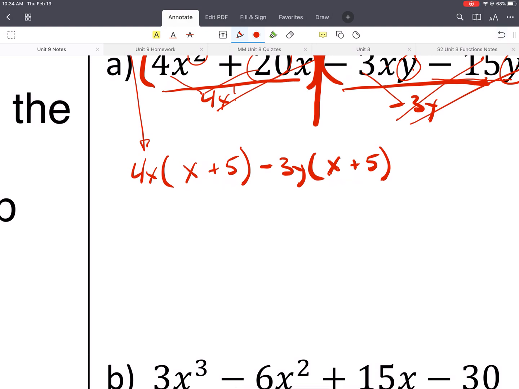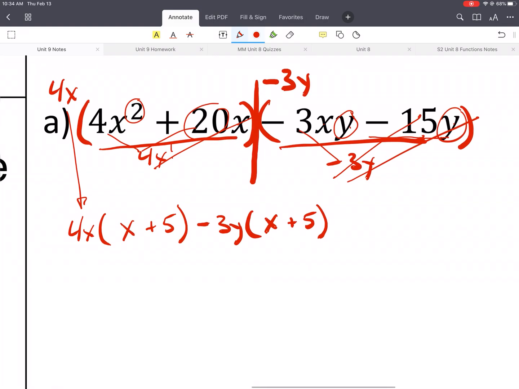When you're doing grouping, what's in those two parentheses will and should always be the same. If they're not, then you made a mistake and you need to go back and see where the mistake was. For example, a common mistake is not to factor out the leading negative.